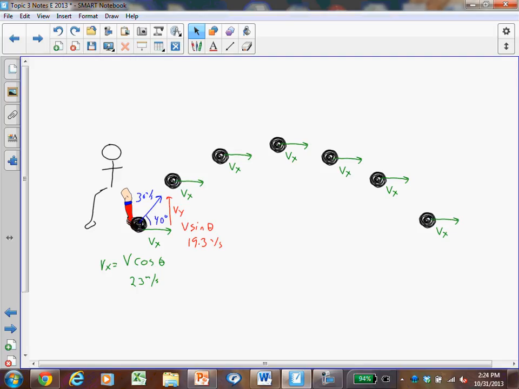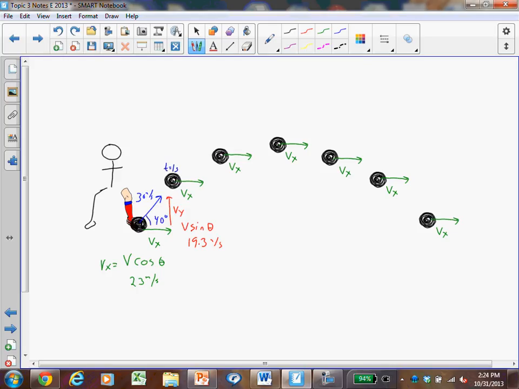Now the y component, it does change. What would be the y velocity 1 second after it takes off? So if this is t equals 1 second, let's say this is a t equals 1 second one.